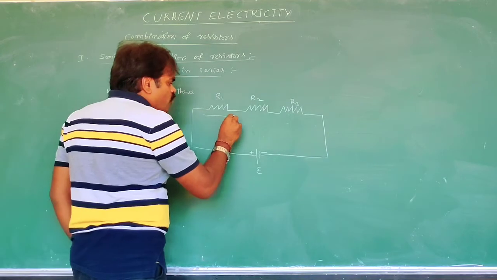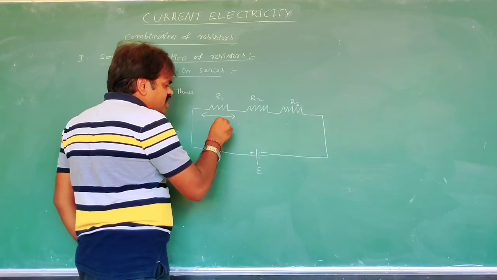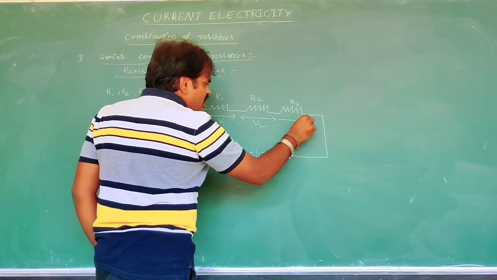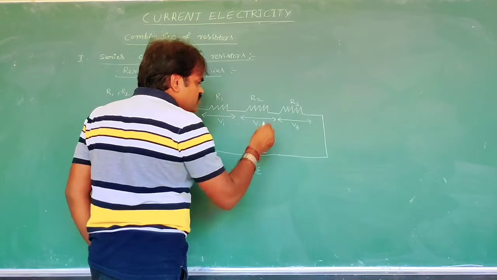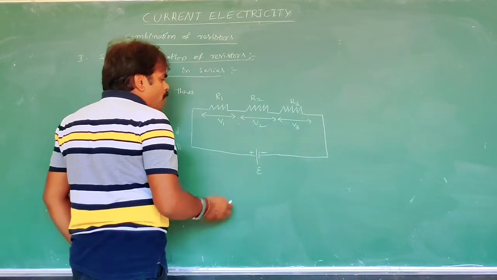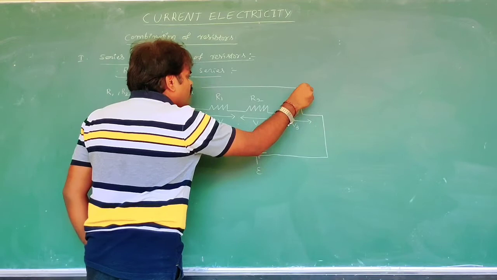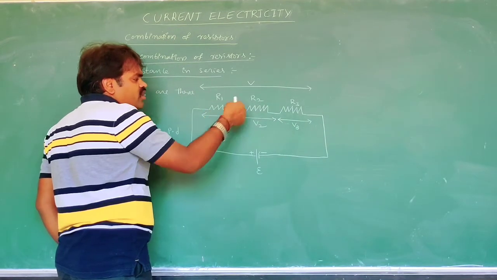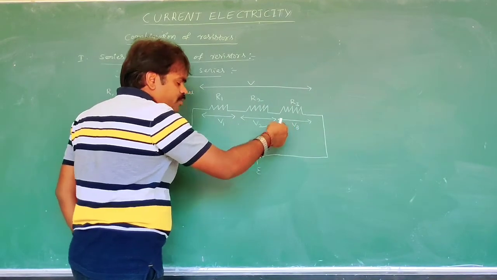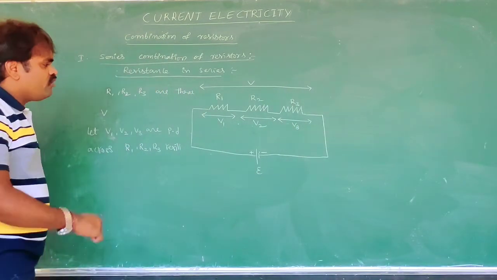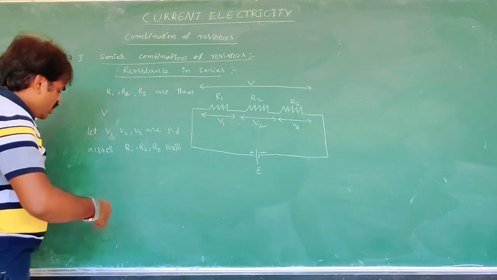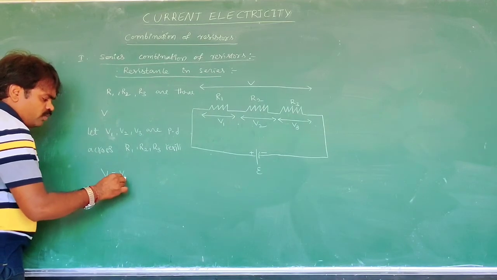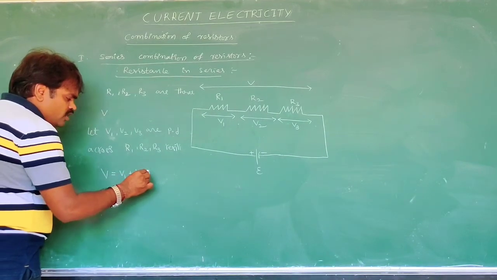That means the potential across R1 is V1, across R2 is V2, across R3 is V3. The total applied potential V is divided into the potential drops across R1, R2, R3. Then the total applied potential V is equal to V1 plus V2 plus V3.